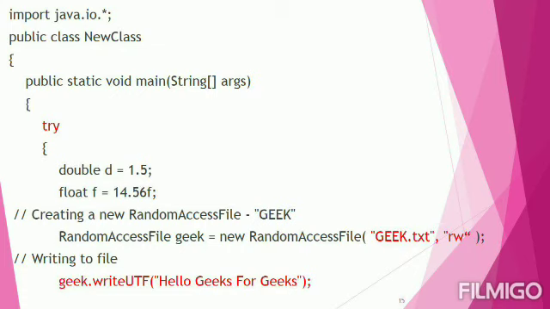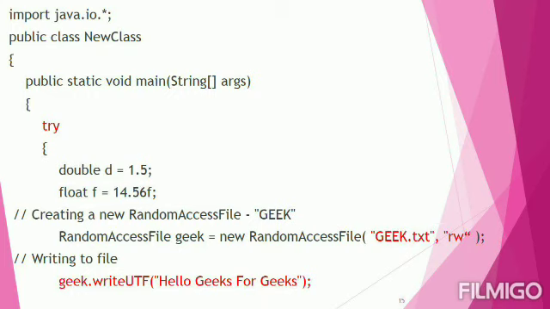I have imported the java.io package in the program, and I have created a class called NewClass with try and catch. In try, I have declared a variable double d with value 1.5 and float f with 14.56, and I'm going to create a random access file called geek.txt with read write mode, and I used an object called geek for creating and accessing the particular random access file.